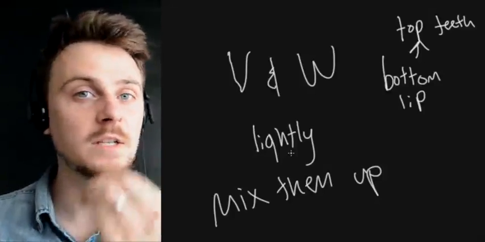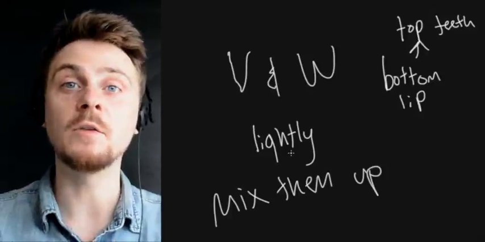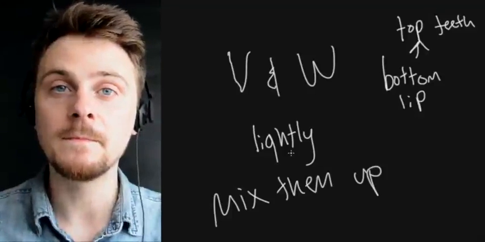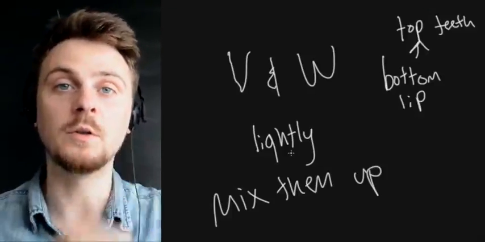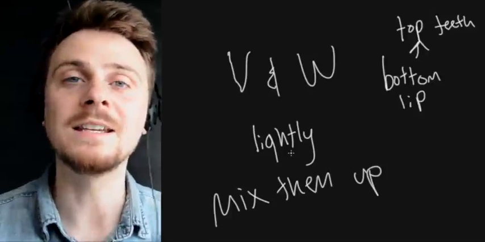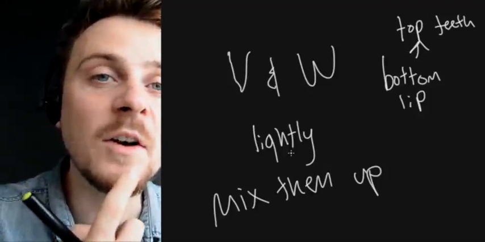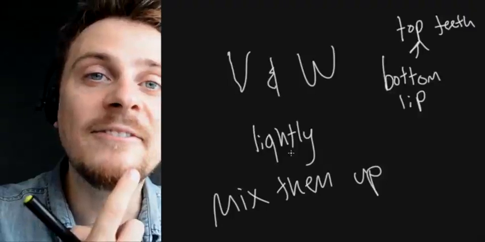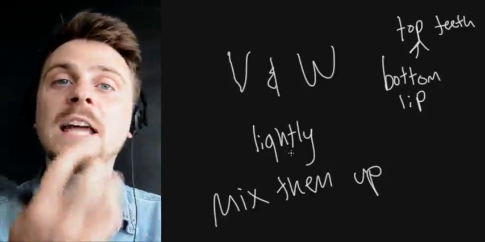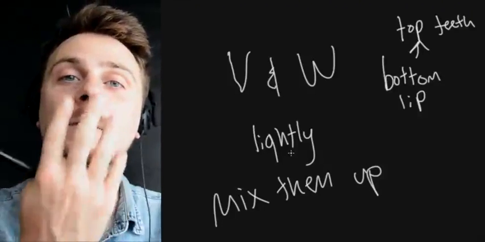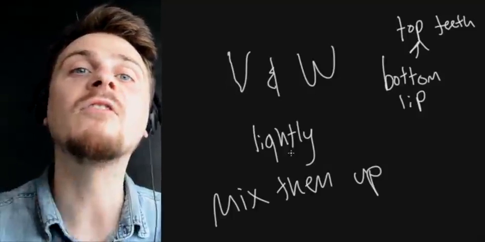Lightly means very soft. When you say the V sound, every time you have to touch your bottom lip to your top teeth, okay? So it's like this. Can you see that? It's not very hard. And then when you make it, you let go the sound and bring your mouth and jaw down.